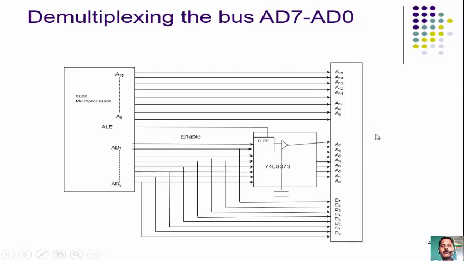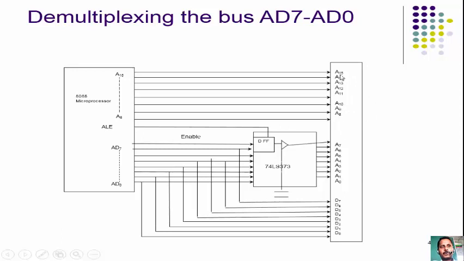In the actual interfacing concepts we will see the portion available at the right hand side. So A8 to A15 lines are non-multiplexed, that's why they are directly connected to the peripheral or the device available at the right hand side.